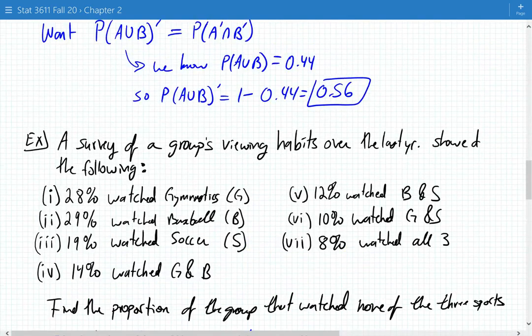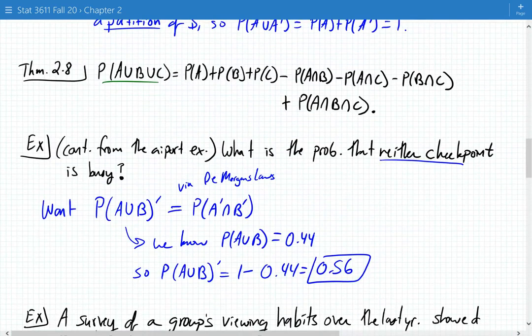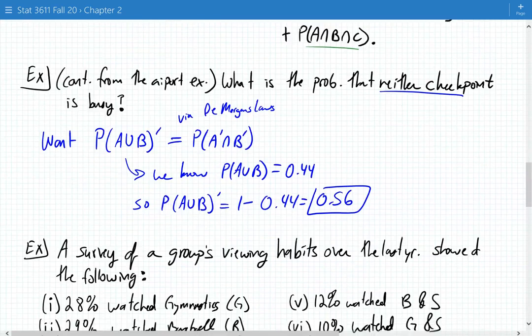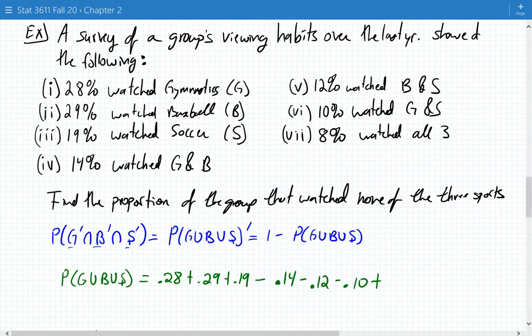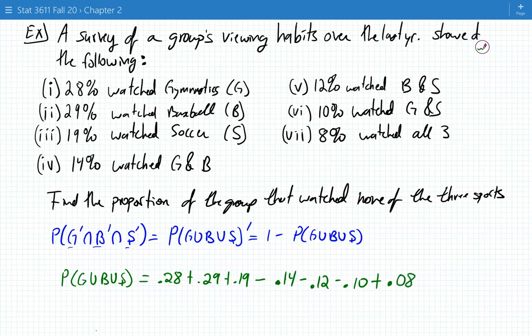Plus, again according to theorem 2.8, add the triple intersection. What proportion watched all three? That would be 0.08. 8% is 0.08.